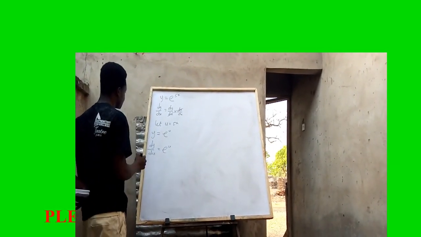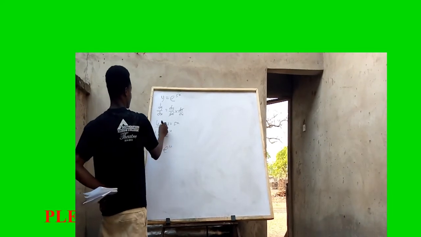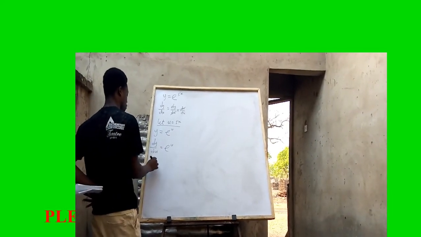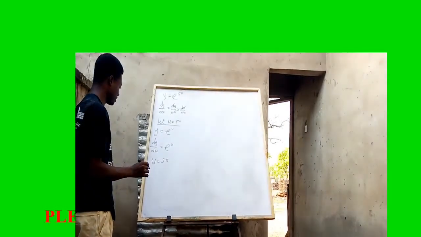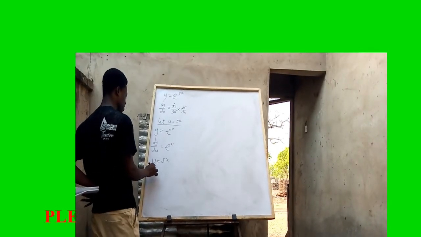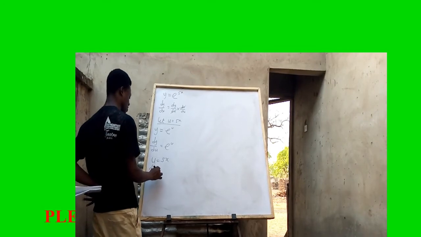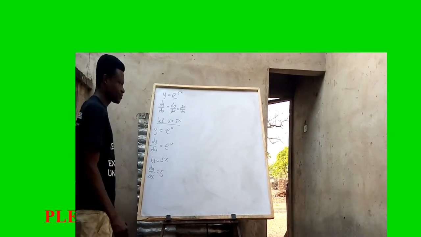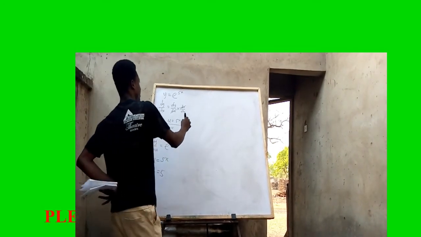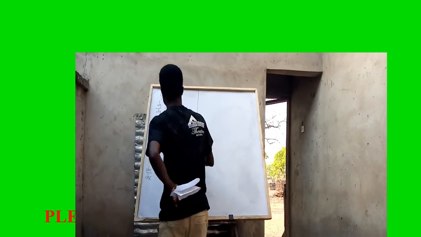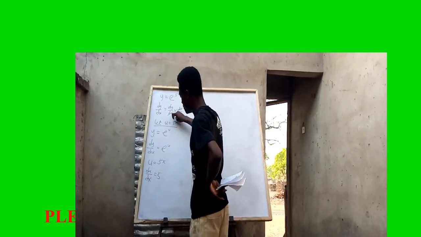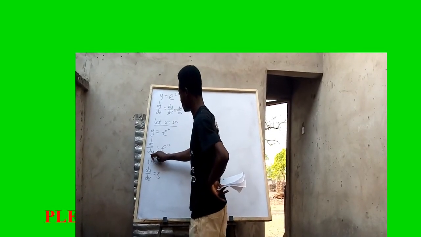Alright, so what about this one? u is equal to 5x. Very simple, okay? So my du over dx is equal to what? 5. What is the formula saying? The formula is saying dy over du, and what's my dy over du? This is my dy over du.